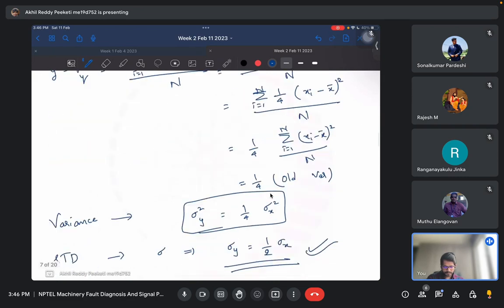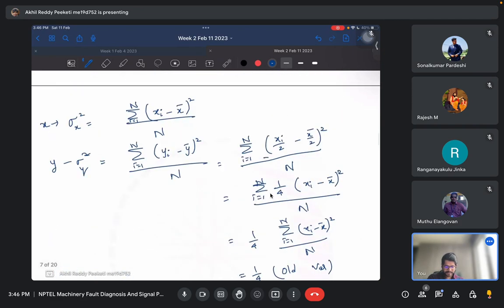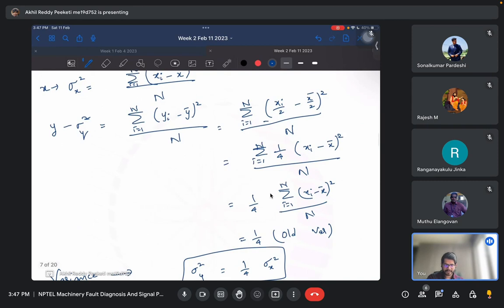Yeah. So we also looked at how the variance and standard deviation change. For the variance, there is one more interesting thing. Even if a constant is there, it doesn't matter to the sine or cos.